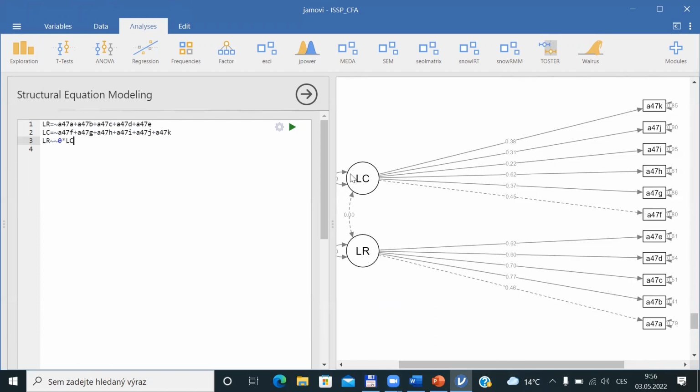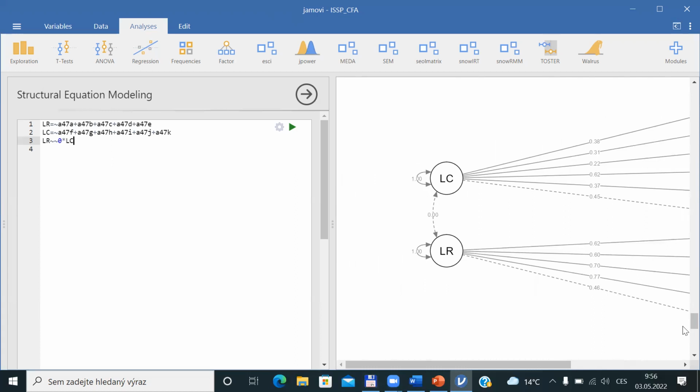So this is still the same. And once again, we can see that for the first set of items measuring left and right, these factor loadings are slightly higher than factor loadings for the liberal and conservative scale. So once again, measurement of the liberal conservative scale is slightly worse in comparison to the left and right scale. So that's the same story as previously.